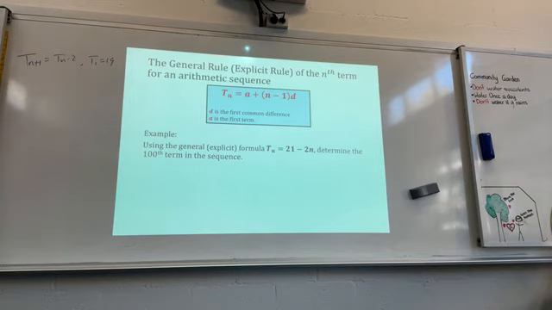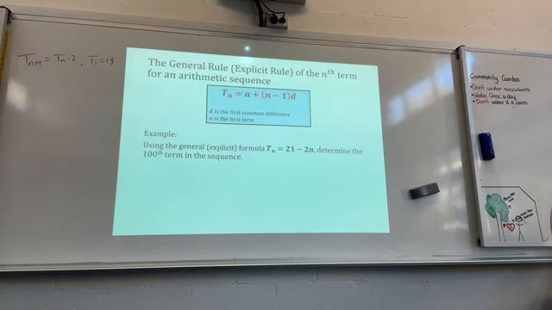Here, we always use a as the first term, d as the first common difference, and n is the position of the term. Alright? So it could be T4, T5, or T6, or whatever.